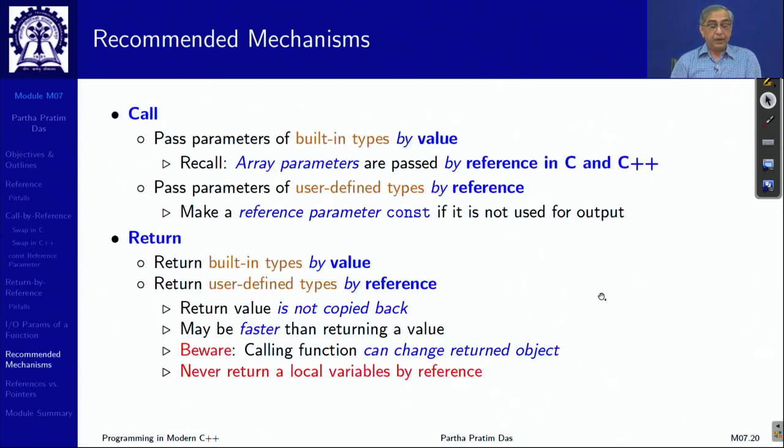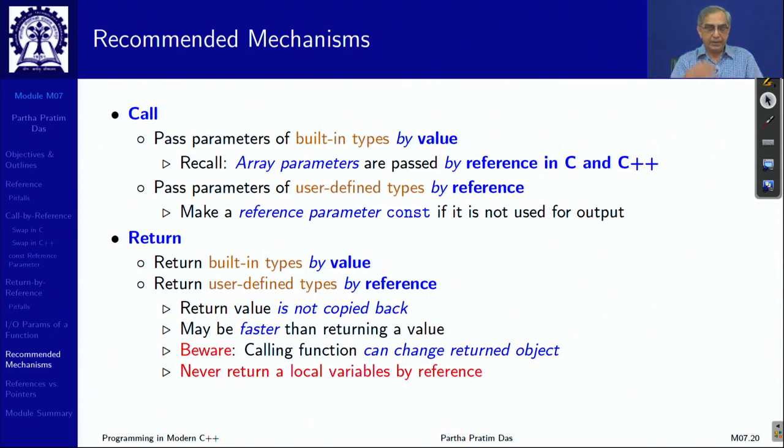Now, the recommended mechanisms, as to how reference can help: when you are making a call, if you are passing a built-in type, always pass it by value. The reason for that will become clear as we move forward. It gives you much better efficiency, because the copy is very lightweight. Only remember that array parameters are always passed by reference, even in C. That is the only situation where the entire array is never copied. It is just passed by reference, which means only the base address is passed.